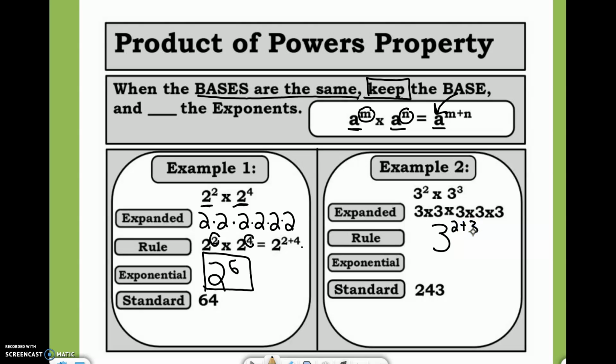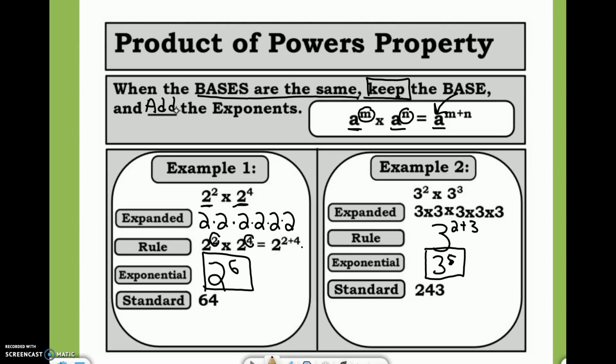So 3 plus 2 would be 5. 3 to the 5th power is 243. Again, I really want you to concentrate on the exponential form. All right, so again, when the bases are the same, we are going to add the exponents.